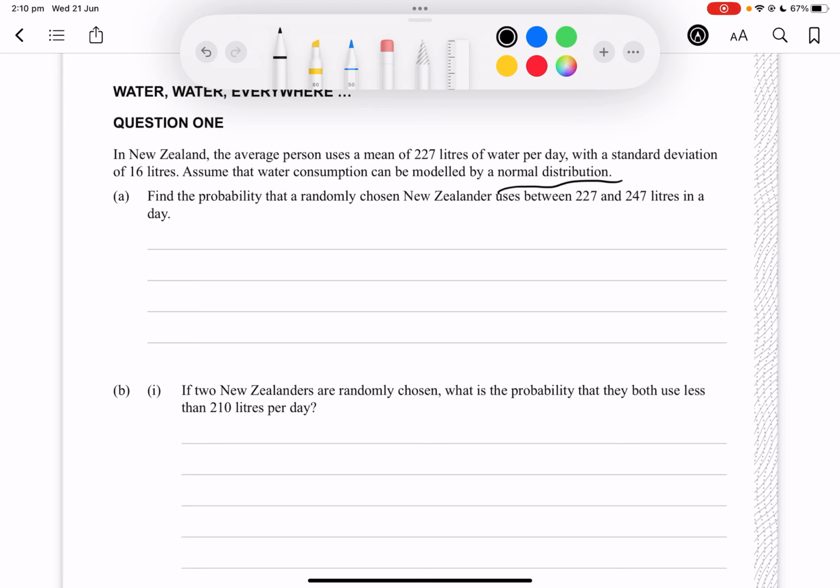So this question is really just like using the calculator to find the answer. But if we want to write down the parameters, we have the mean is equal to 227 liters. The standard deviation is equal to 16 liters. And we want to find the probability that x is between 227 and 247. So you just plug into a calculator.